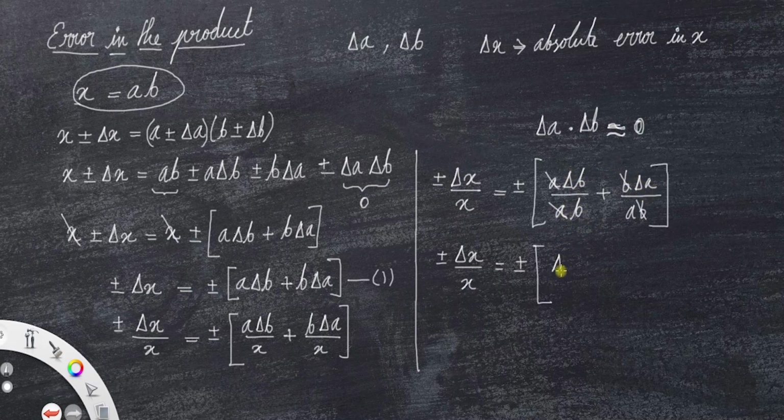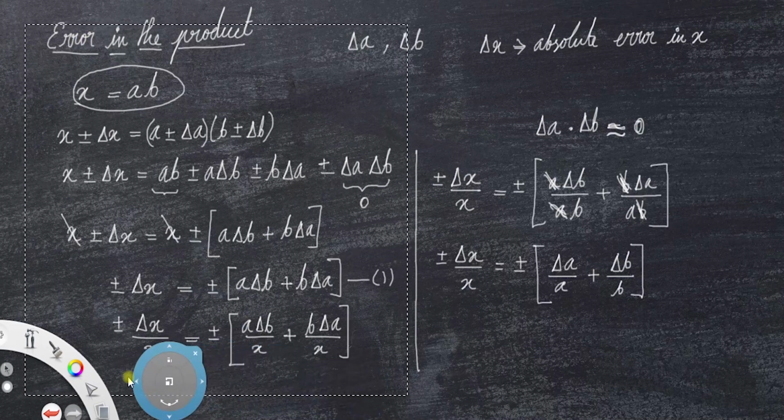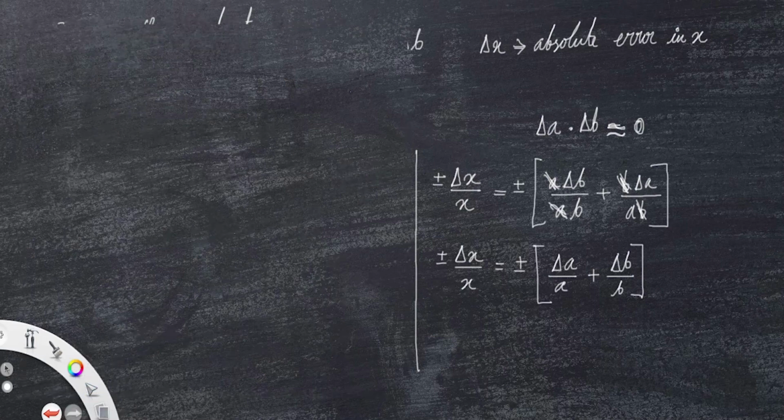So this is equal to delta A by A plus delta B divided by B. See, there is only delta A by A here, here delta B by B. Now this is the final expression, and we want to find the combination of delta A by A and delta B by B.